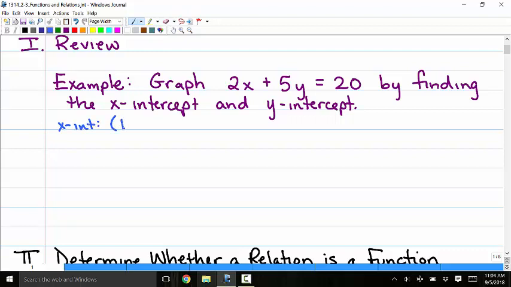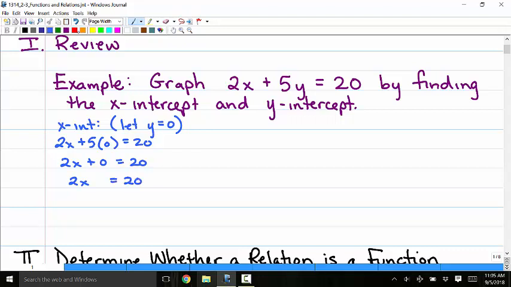to find an x-intercept, you do it by letting y equal 0 and solve for x. So in our equation, if I have 2x plus 5 times 0 equals 20, that gives me 2x plus 0 equals 20. If 2x is equal to 20, when I divide both sides by 2, I come up with x equals 10.